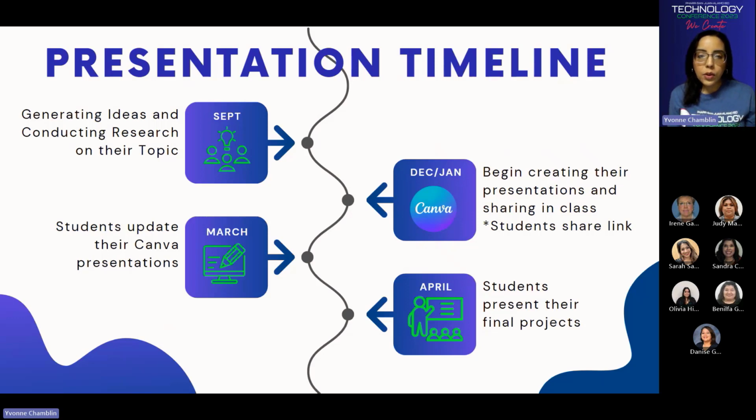Because it's the whole year, I can break it down by month. For you, it might be by week, or by unit, however that's broken down for you. So here's how mine goes. In September, my students and I are generating ideas and conducting research on their topic.